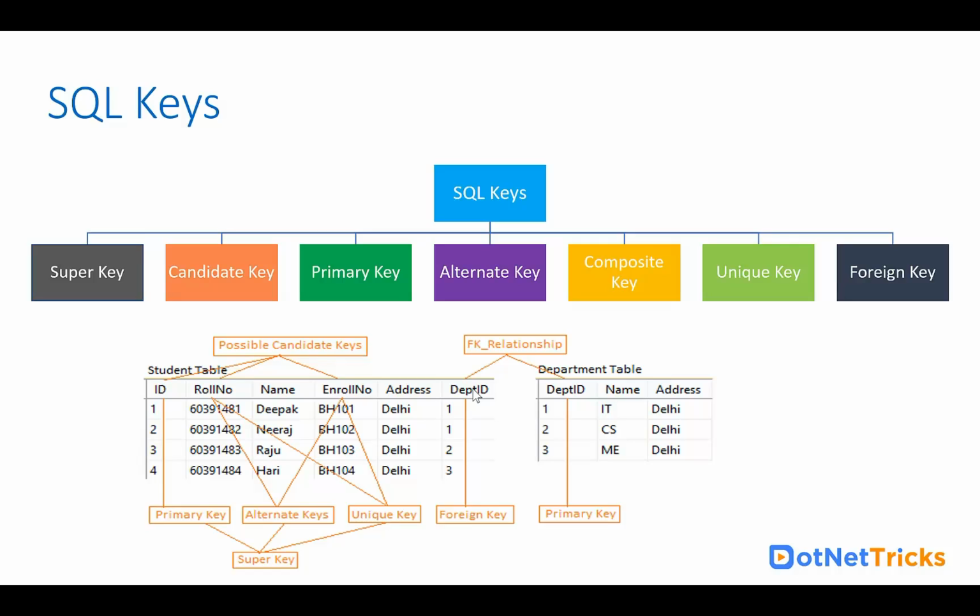So department ID is a foreign key in the student table, but department ID is a primary key in the department table. These column names are not mandatory to be the same. The name can be anything, but its data type must match the data type of the department ID column of the department table. And make sure department ID is a primary key in the department table.